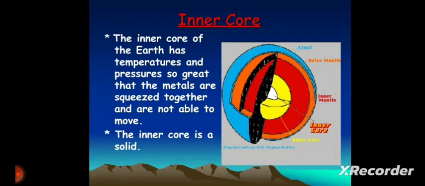The inner core of the earth has such great temperatures and pressures that the metals are squeezed together and are not able to move. Just like the outer core is in which form? Liquid form. It is the same here for the inner core, but the inner core is in which form? Solid form. Okay students?